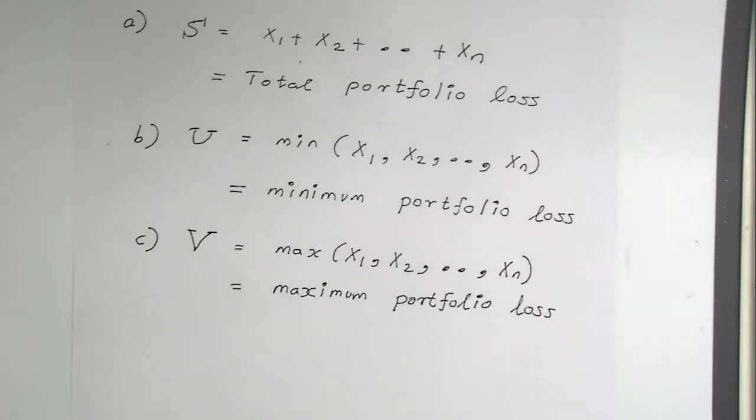In other words, this will tell you the investment that is the most costly. So you would like to get rid of that investment, right? Because it is the most costly of the n investments.